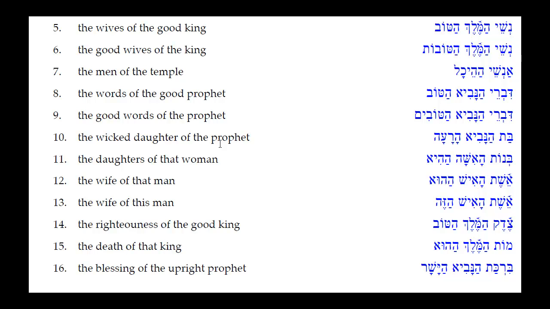Here we want to put bat. Then we want to put the absolute noun hanavi, daughter of the prophet. And now we want to put hara'ah, which is the attributive adjective with bat. The evil or wicked daughter of the prophet. Bat hanavi hara'ah.